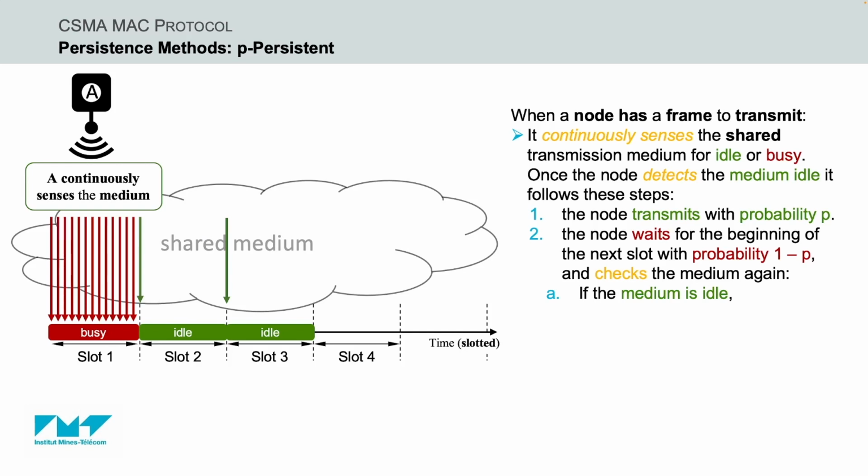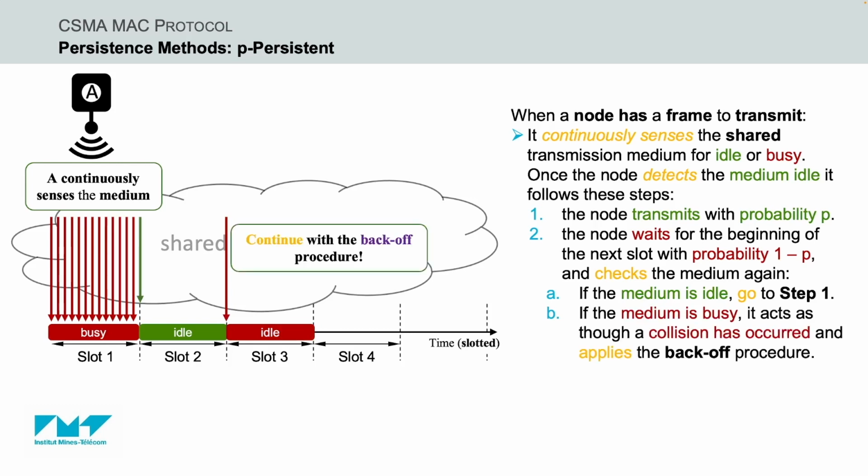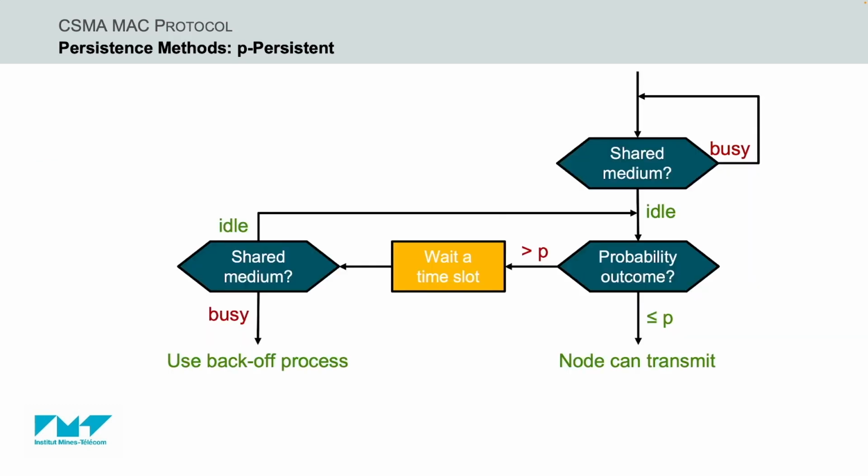In the following time slot, slot 3, if the shared transmission medium is detected idle, it will go back to step 1. However, if the shared transmission medium is detected busy, the node will continue as though a collision has occurred and thus the back-off procedure will take place. To summarize, here is the flow diagram for the p-persistent CSMA method.